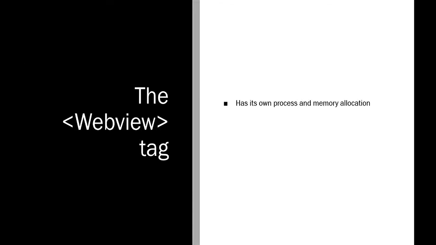So the web view tag, again, has its own process, configurable like the browser window. And because it's configurable, one of the concerns we want to look at is that we want to always validate dynamically created web views. You need to have node access to actually create a web view because it needs to generate a renderer process.